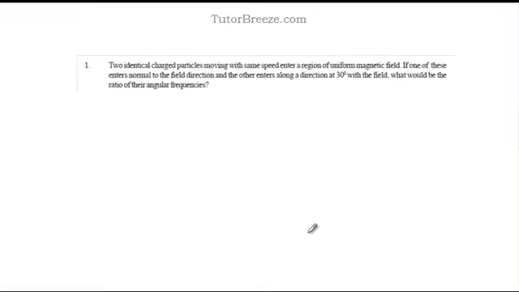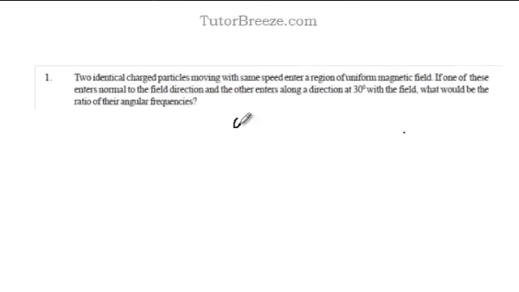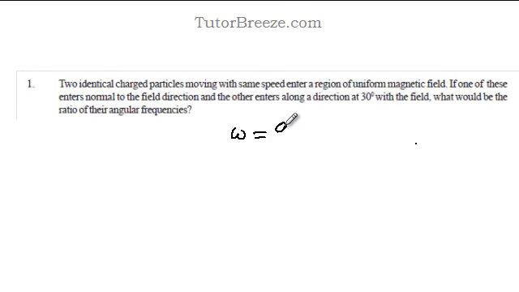The angular frequency of the charged particles that enter the magnetic field is given by omega equals QB over M, which means that their angular frequency depends on the magnetic field and the charge to mass ratio. The charge to mass ratio is different for different particles.